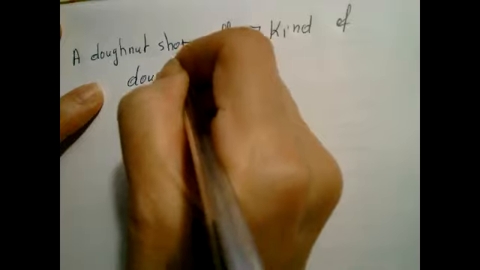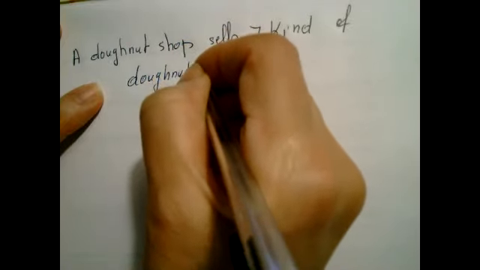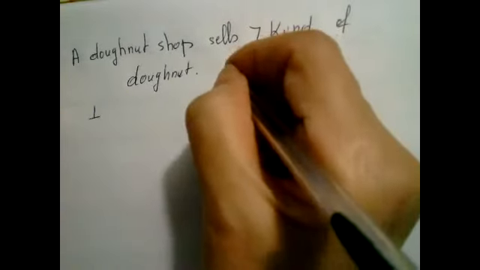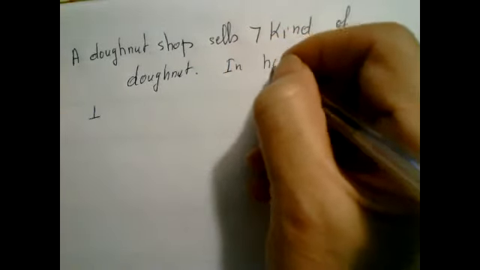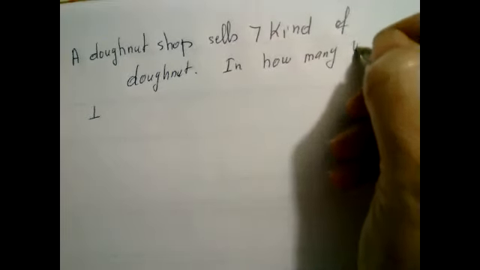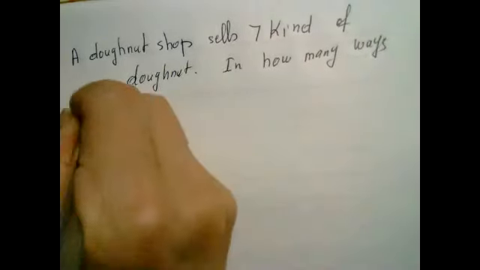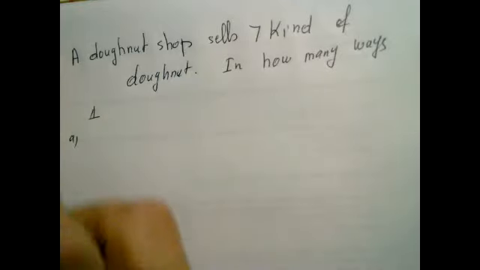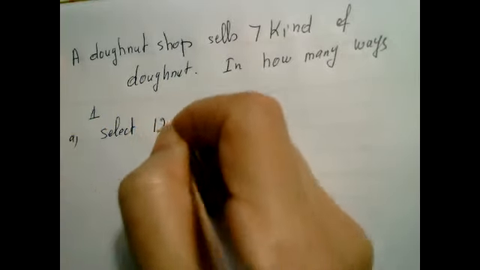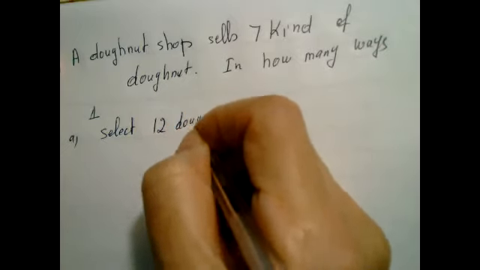The question is, part A, in how many ways can we select 12 donuts?